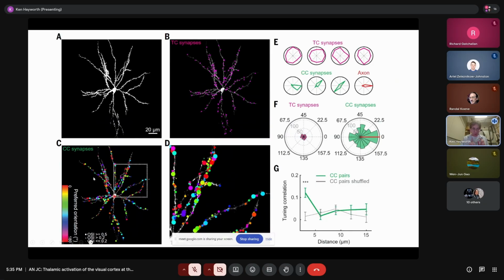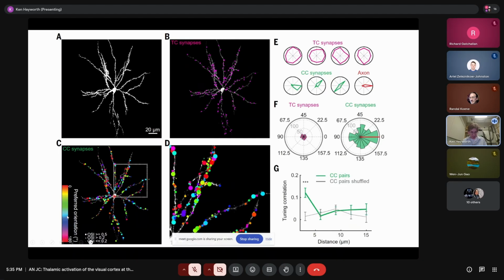But if you look at the corticocortical synapses, which are shown in C here and blown up in D, those have a preferred orientation. And so these are some of the corticocortical synapses that are shown there, their responses. And they've labeled it in such a way that if they like gratings going to 0-degree direction, then it's orange.